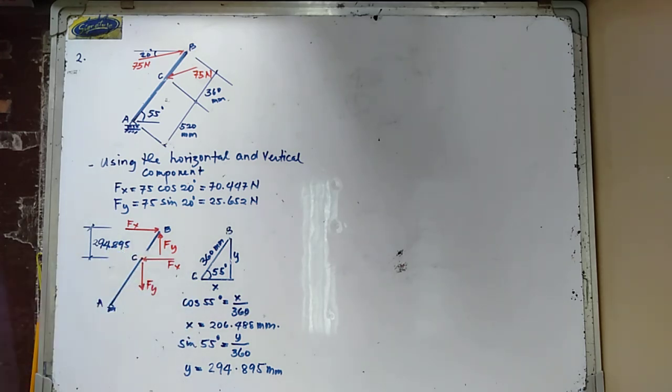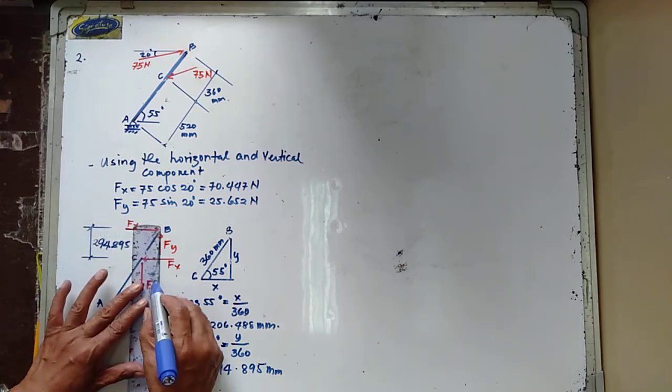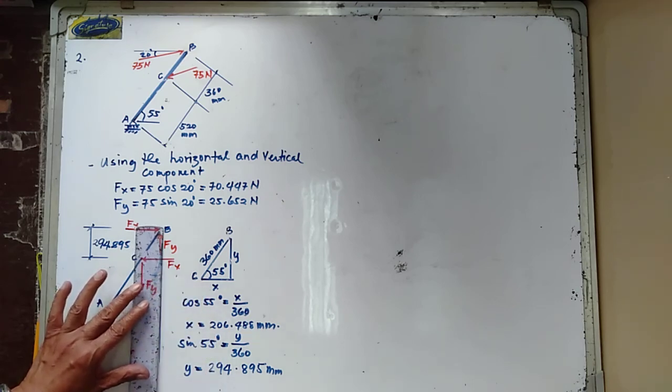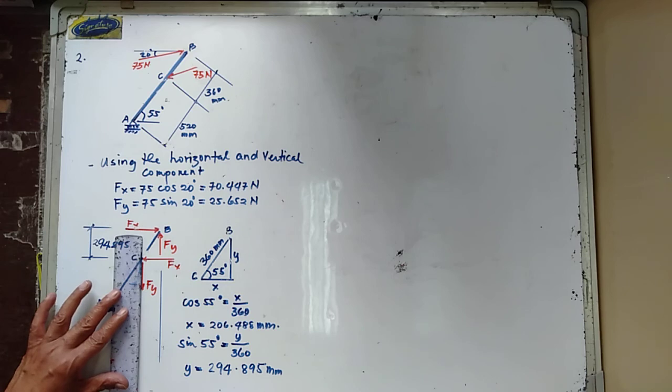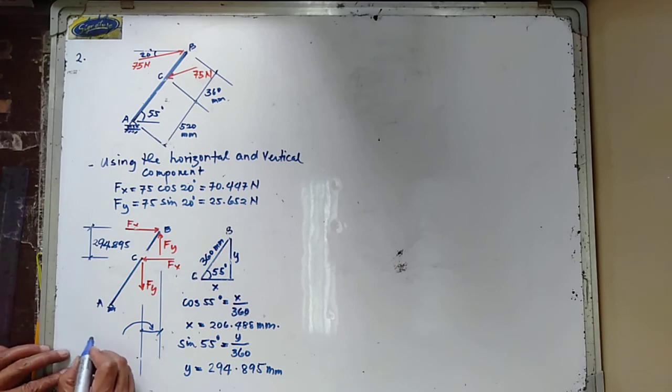Now, such that this distance in here, so this distance up to point C, so this one in here is, so that is, the distance is 206.488 millimeter.